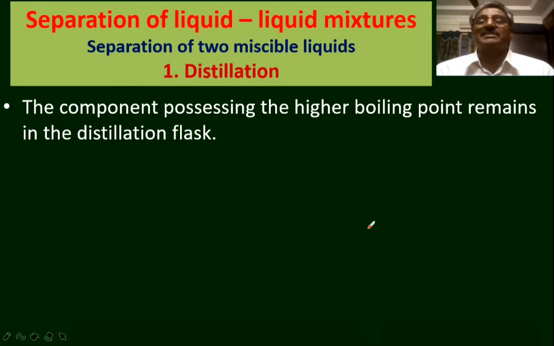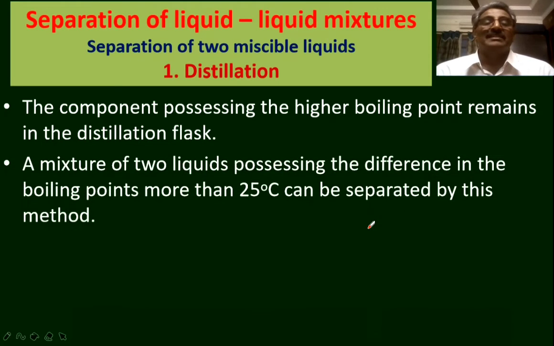The component possessing the higher boiling point remains in the distillation flask. A mixture of two liquids with a difference in boiling points of more than 25 degrees Celsius can be separated by this method. So, to separate two liquids which have a large difference in boiling points, the distillation method is useful.